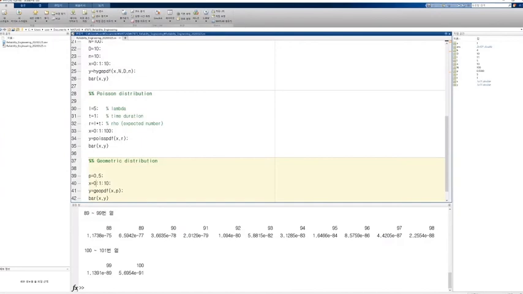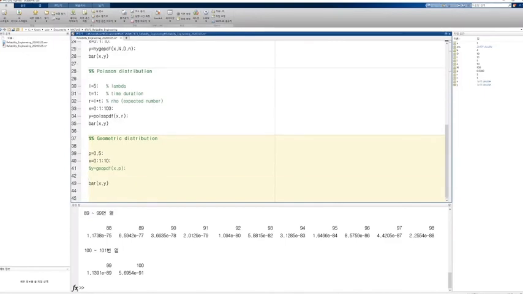Instead of utilizing the function in MATLAB, we may define the function ourselves.